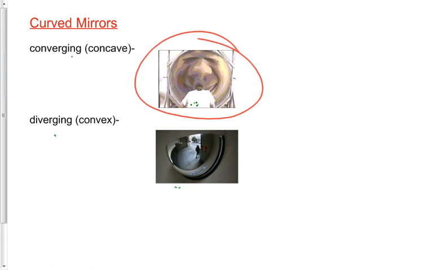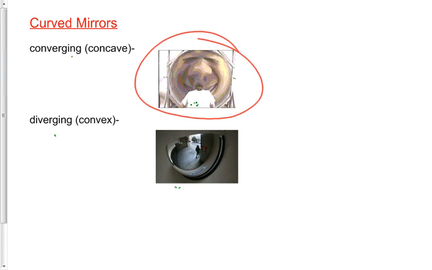As he backs up, what's going to happen? Oh, at some point, he's going to disappear. He's going to be looking into that mirror and see nothing. And then he's going to back up a little bit further, and all of a sudden he's going to reappear, but now he's going to appear still bigger, but this time upside down.